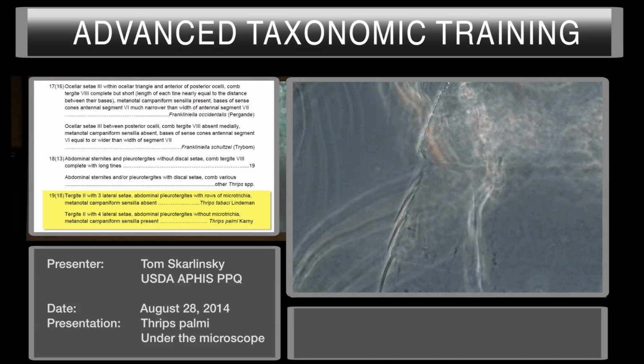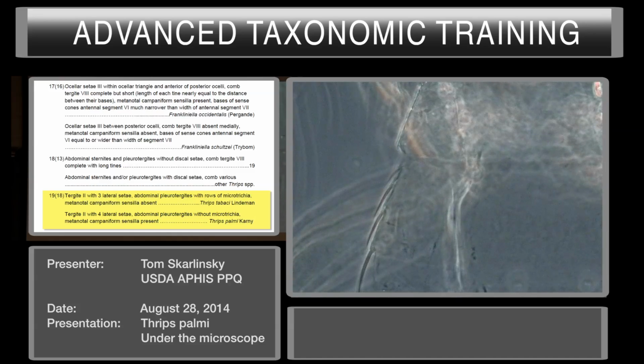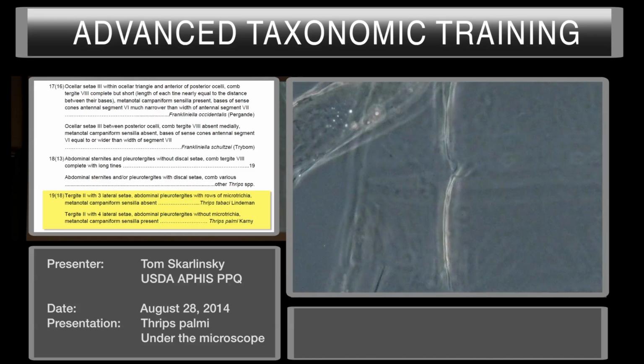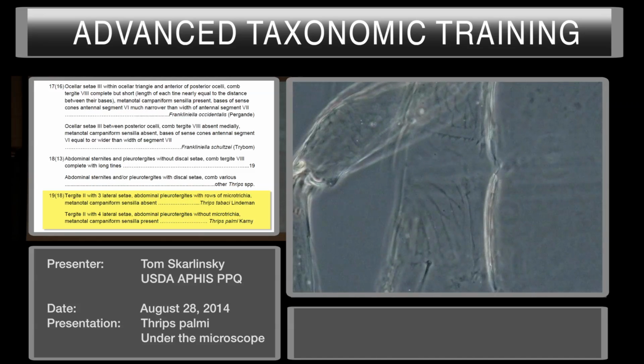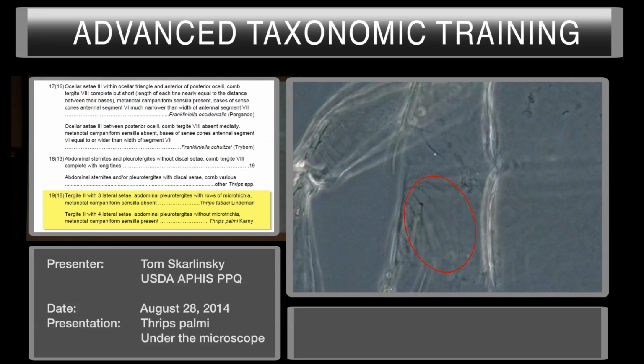And here we are with the abdominal pleural tergites again. You notice the sculpture changes direction. The question is, are there rolls of fine microtrachea? If we look here, there are no rolls of fine microtrachea.